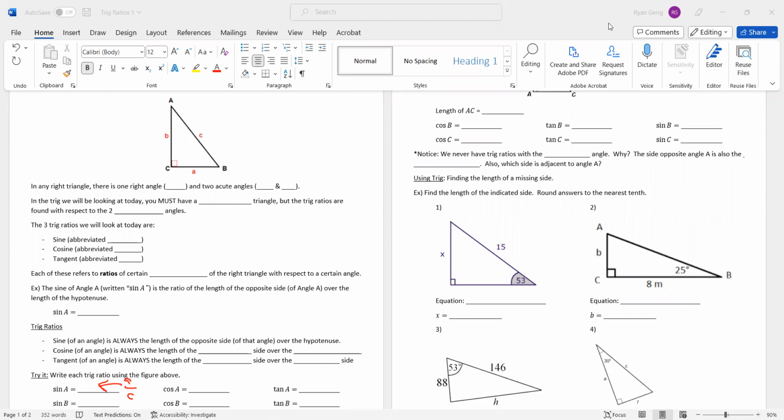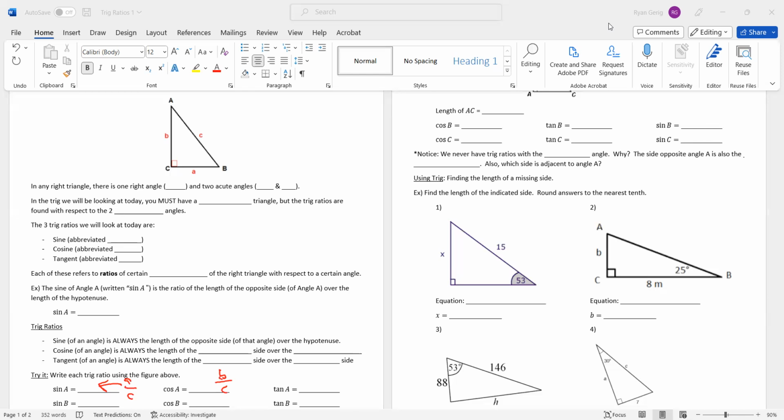The cosine of A, again looking at A, is the adjacent side over the hypotenuse. So which side is adjacent to A? Well, C is, but so is B. There's two sides that are adjacent, but C is the hypotenuse, so we want to leave C as the hypotenuse. That leaves B as my adjacent side, over the hypotenuse of C.